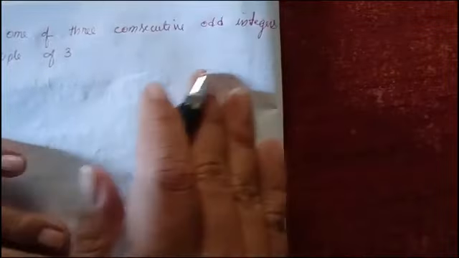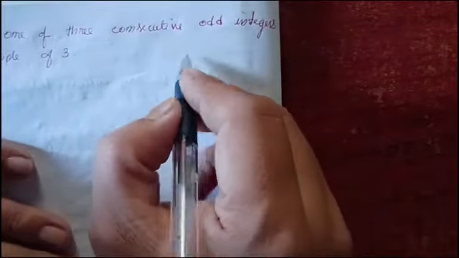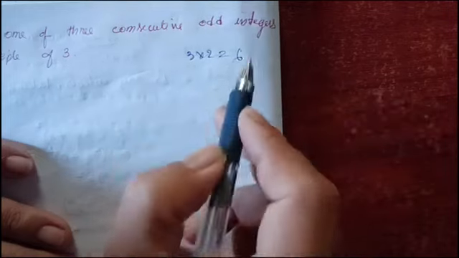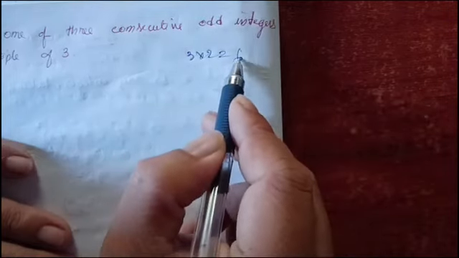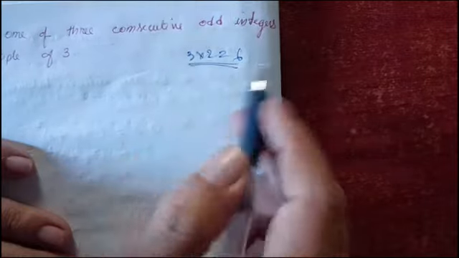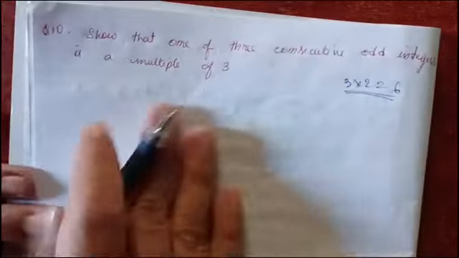If you don't know multiple, last time I already told you. Look here, 3 twos are 6, so we can say that 6 is a multiple of 3. All right, so let us solve this question.